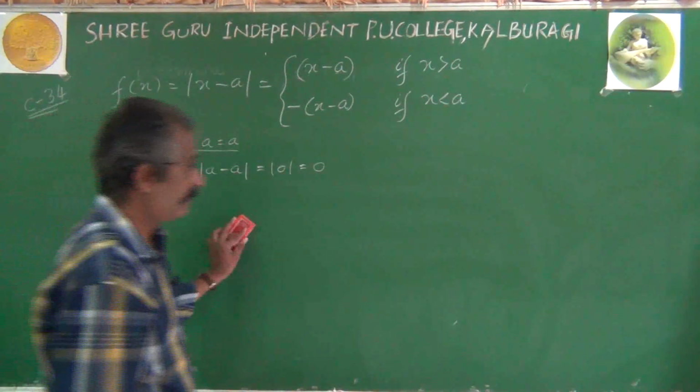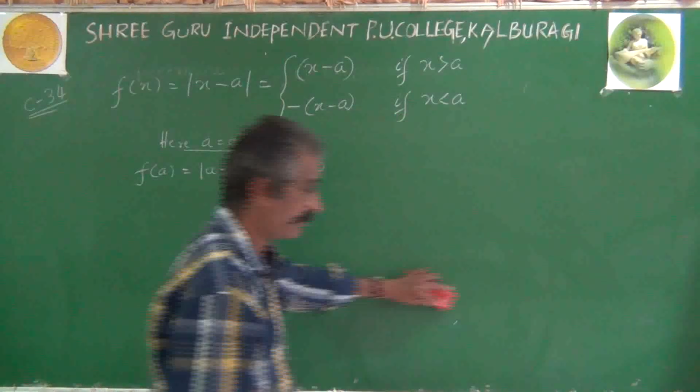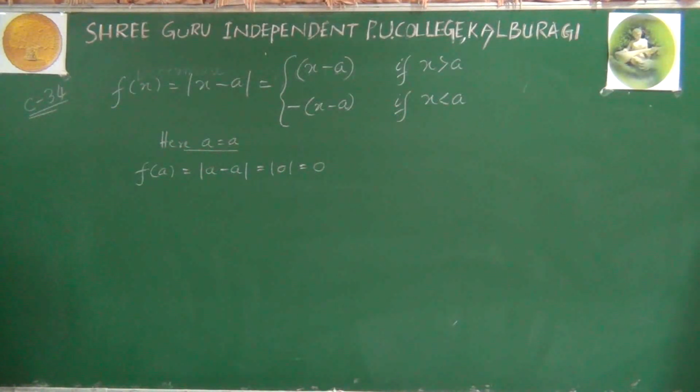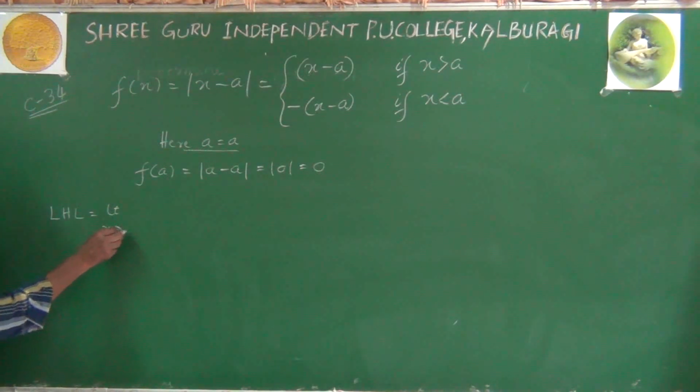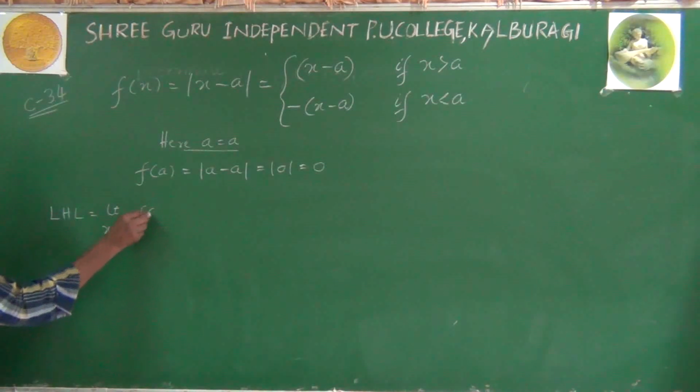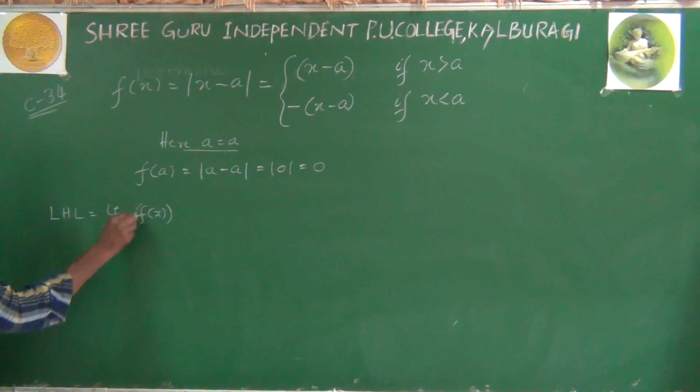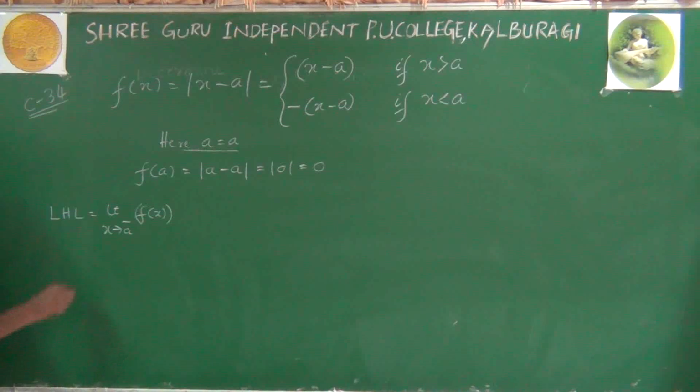Let's find the left hand limit and right hand limit. Left hand limit, LHL, equal to limit x tending to a minus f of x. That is, limit x tending to a minus means less than a.